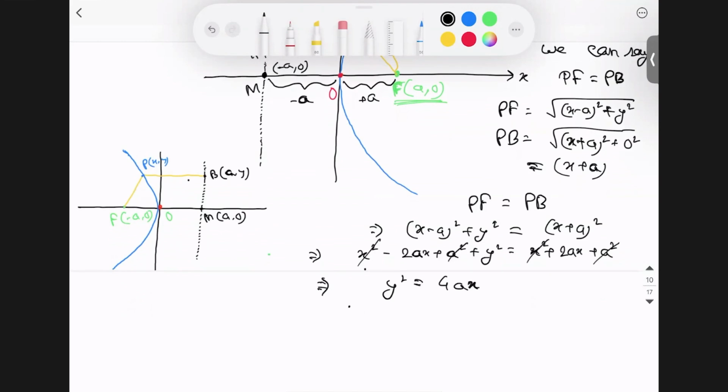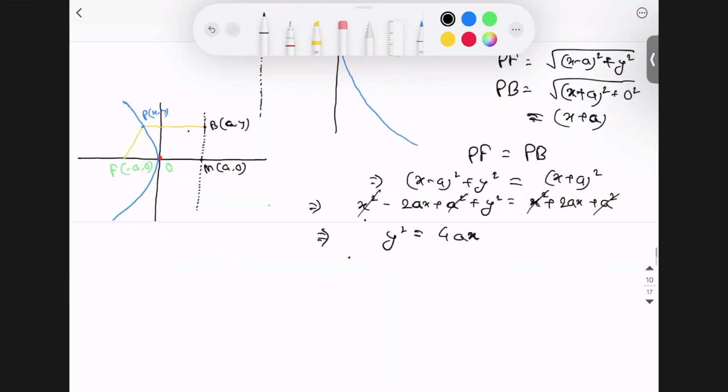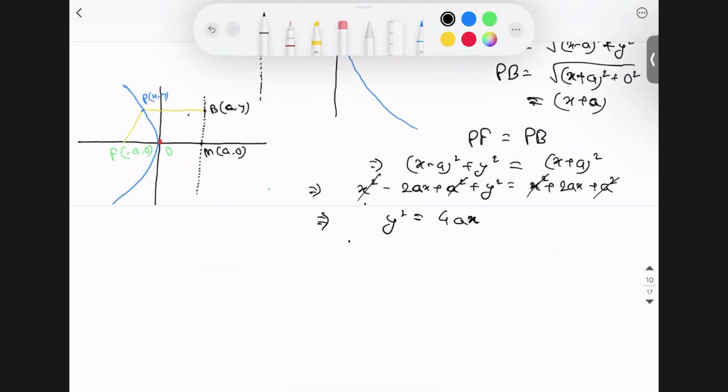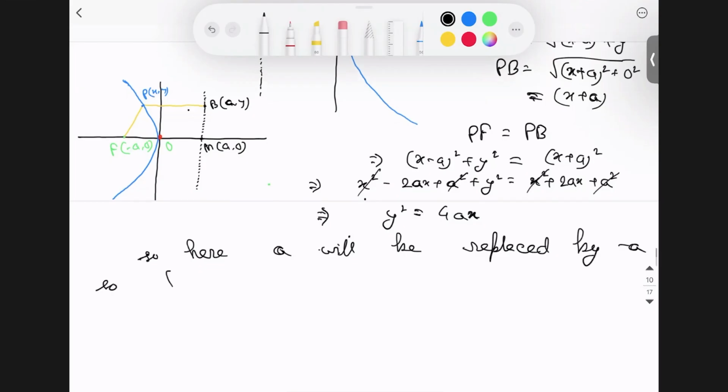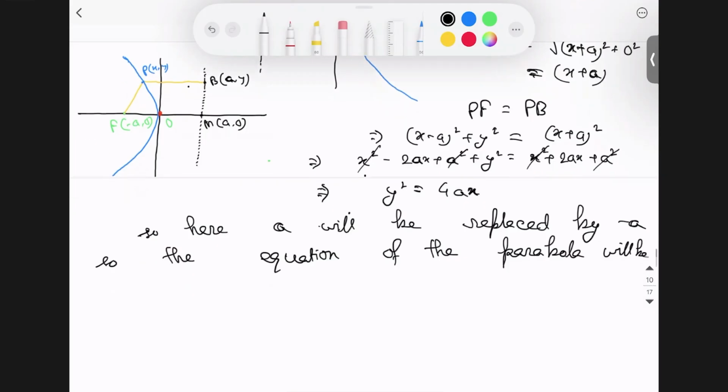Here a is replaced with minus a. So if I replace a by minus a, the equation of the parabola will be y square equals minus 4ax.